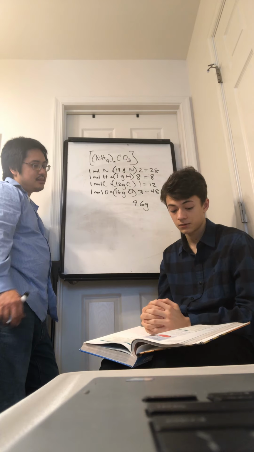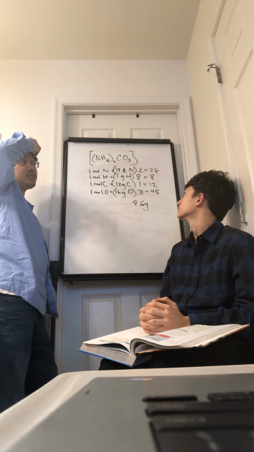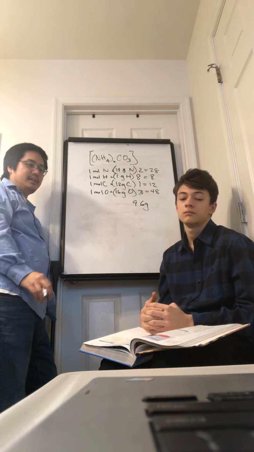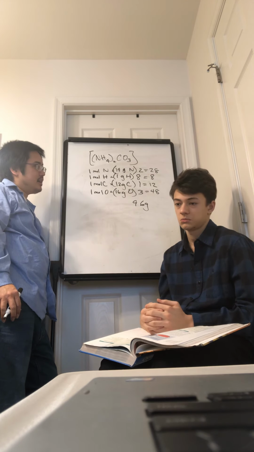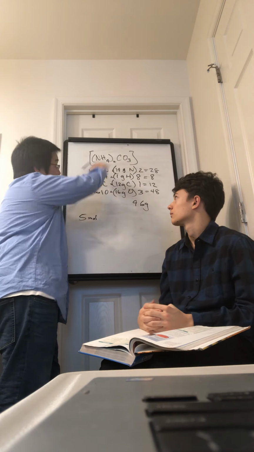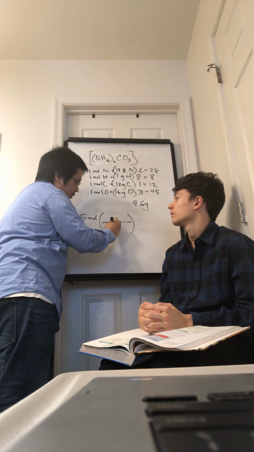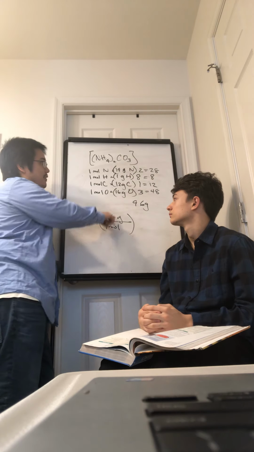And then what we're going to do later on is we're going to say, hey, I have 5 moles of ammonium carbonate. How many grams does that weigh? And so you can say, well, if you have 5 moles of that stuff, you can multiply that by 1 mole of that stuff I know is 96 grams. How do you know that? Well, because I was able to calculate out the molar mass of that stuff.